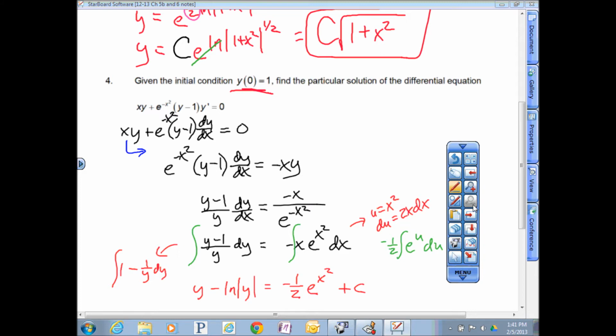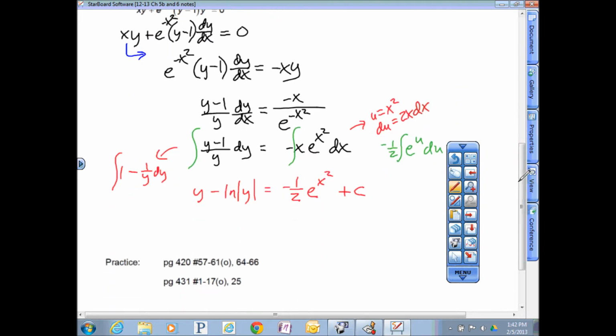And we've got the condition y of 0 equals 1. Now remember, the thing that might be a little bit misleading for people here, y of 0 equals 1. When x equals 0, y is equal to 1. So now if we go to solve that, y is equal to 1. So 1 minus natural log of 1 is equal to negative 1/2 e to the 0 power plus c. So 1 minus 0 is equal to negative 1/2 plus c.